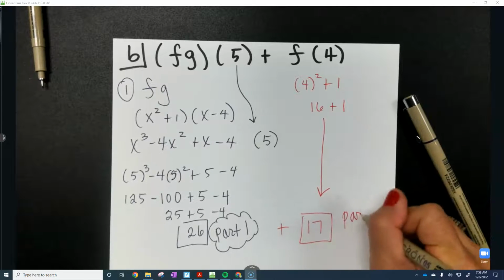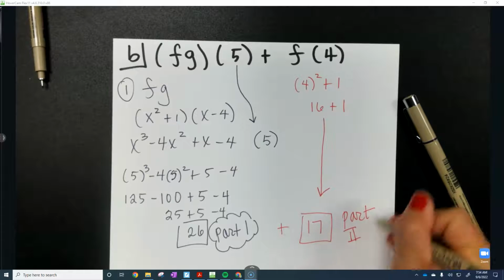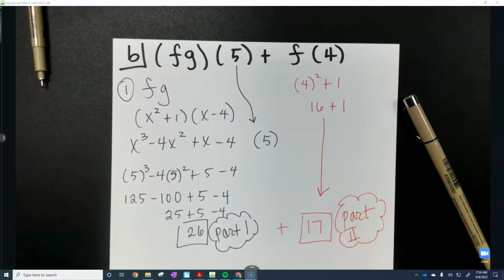Remember, that's part 2. And 26 plus 17 is going to be 43.